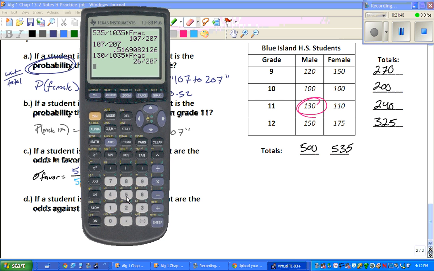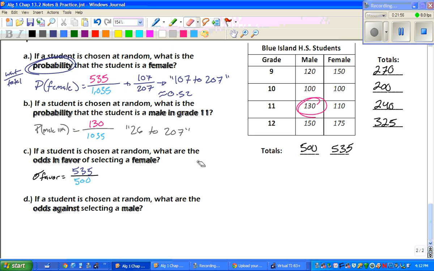Okay? And then just do that on your calculator. 535 over 500. Put it as a fraction, and that's 107 to 100.